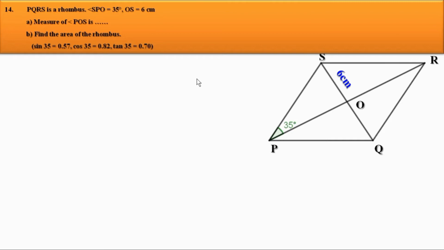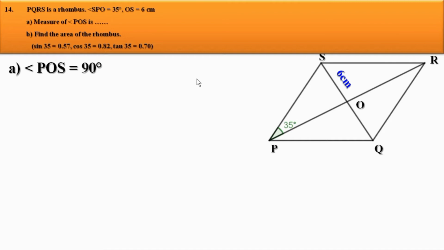We know the diagonals of the rhombus are perpendicular bisectors. Therefore, measure of angle POS equal to 90 degree. Now we have to find the area of the rhombus. Area of a rhombus equal to half d1 d2, where d1 and d2 are the diagonals.